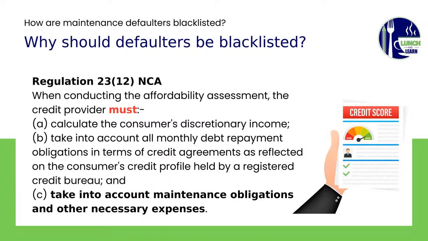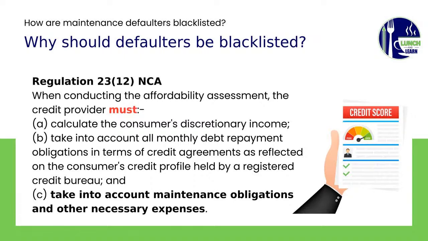They are under obligation to calculate the consumer's discretionary income. So they have to establish, what is your income? What do you earn? What is on your payslip? So they will probably ask you for a copy of your payslip. They would also take into account all your monthly debt, all the accounts that you need to pay. And that is in order to establish, can you really afford that?